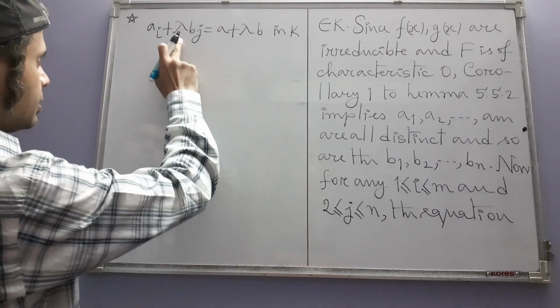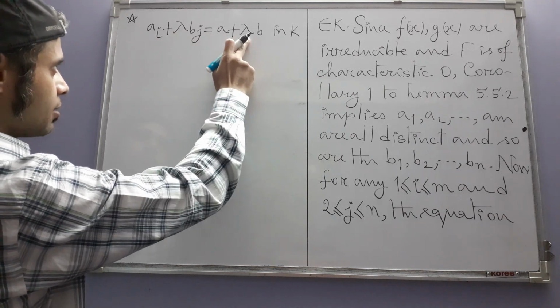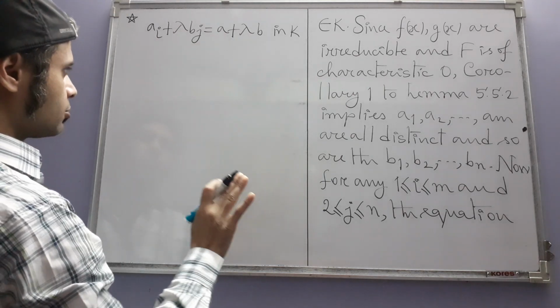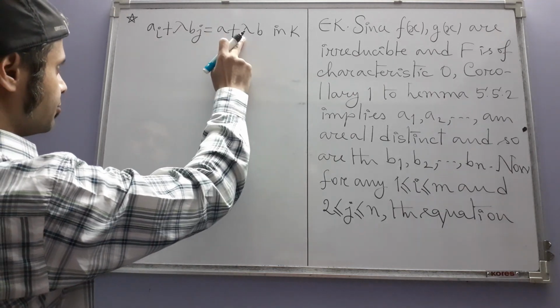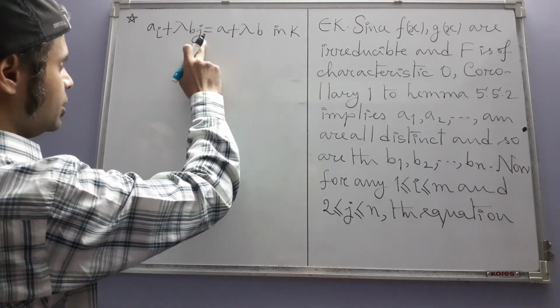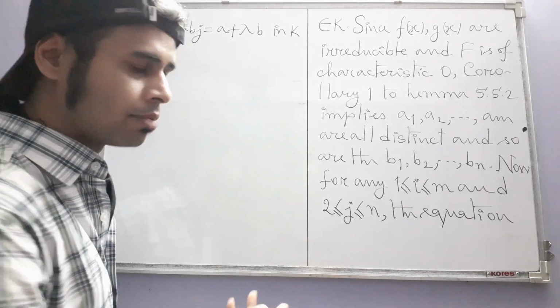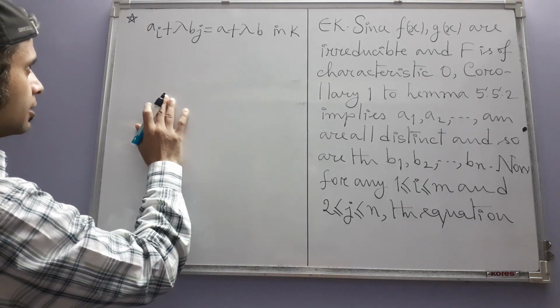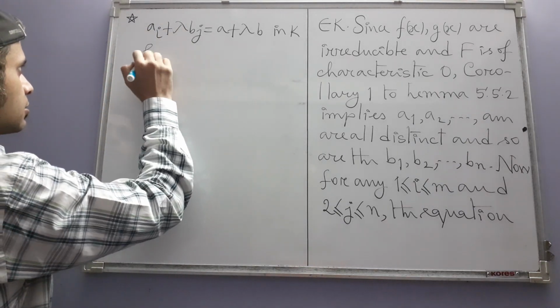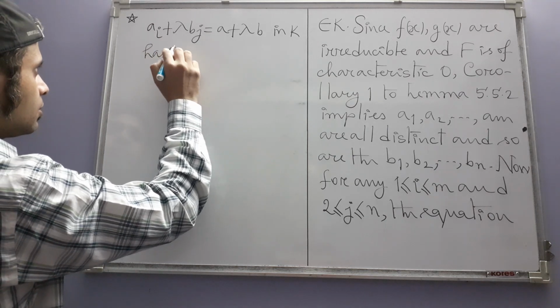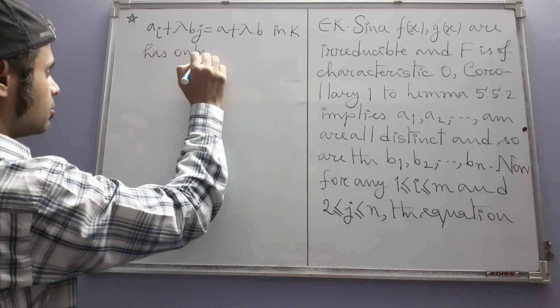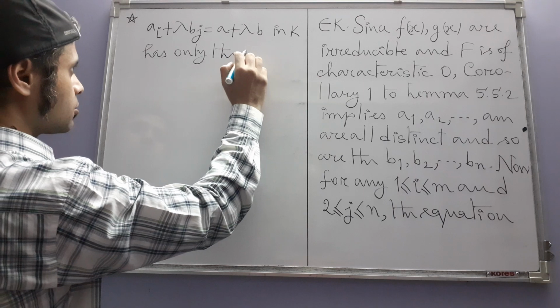You understand that here the variable is lambda, or rather I should say the unknown is lambda, and this a_i, b_j, a, b, these are all of course coming from K. That's why it's an equation in K, has only the one solution.